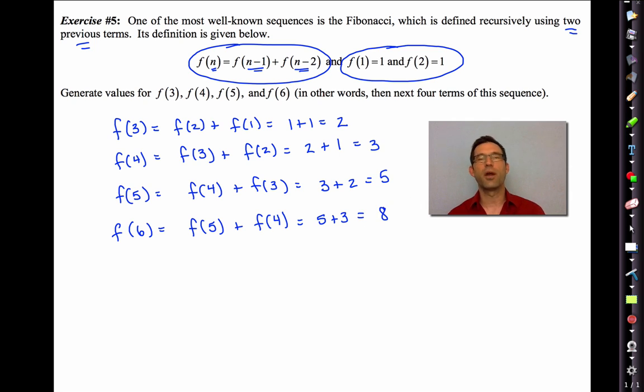The famous Fibonacci sequence, 1, 1, 2, 3, 5, 8, 13, 21, etc., gotten by producing each term by adding the previous two terms together. You're going to play around with that a little bit on the homework when you subtract terms instead of adding them. But for now, pause the video and write down anything you need to.